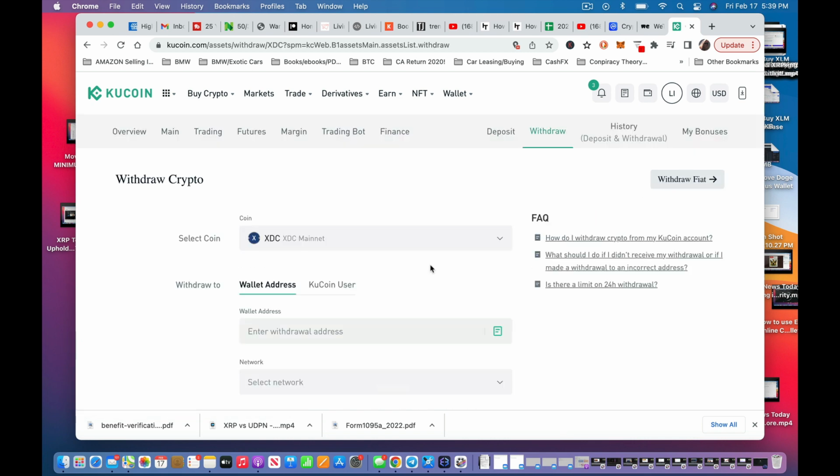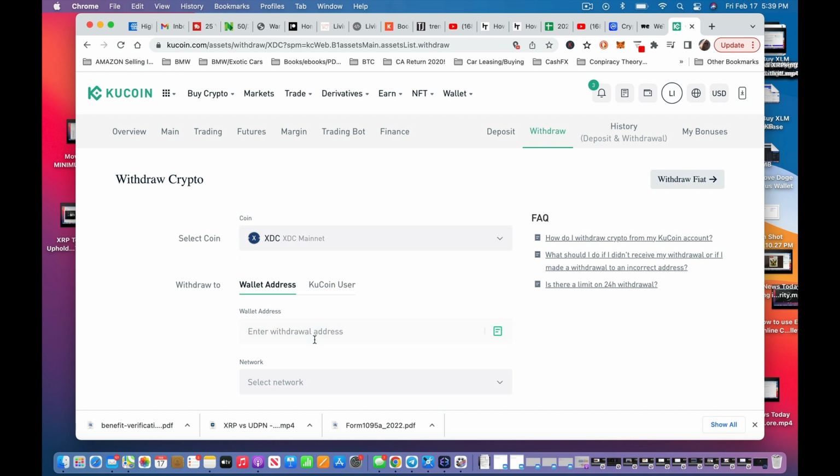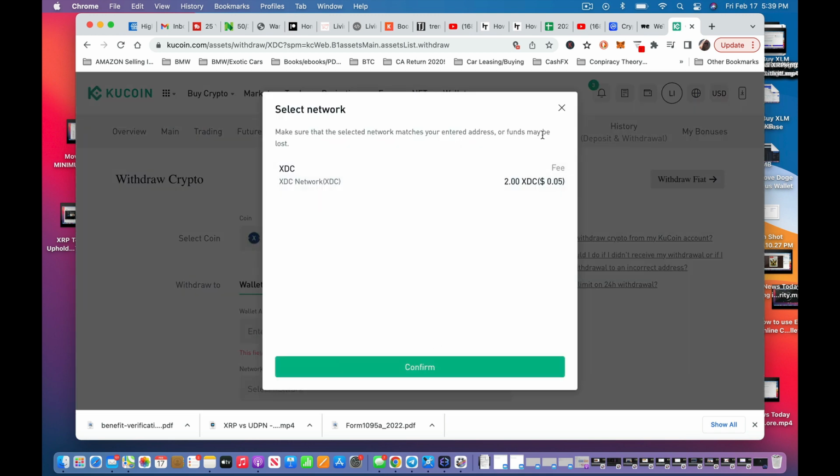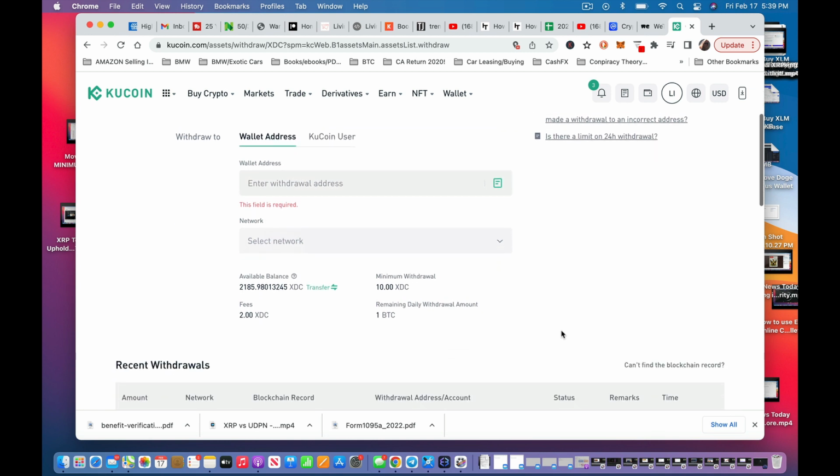I would simply click on withdraw. You select your coin, right? You can hit search, hit Bitcoin, BTC. You would enter your withdrawal address, which you would get from whatever wallet you're going to take it to, whether that's Ledger or over to Exodus or whatever it is. Okay, and then you select the network. And that would be XDC network. Okay, well, you know what? We're not going anywhere with this. But that's how you would do it.